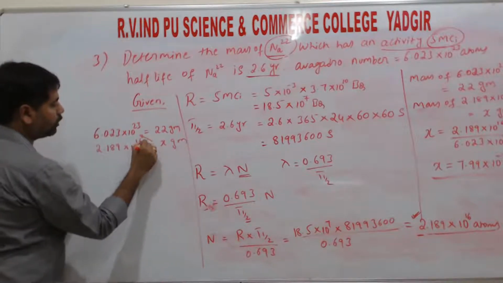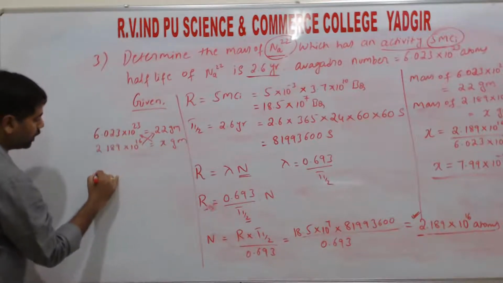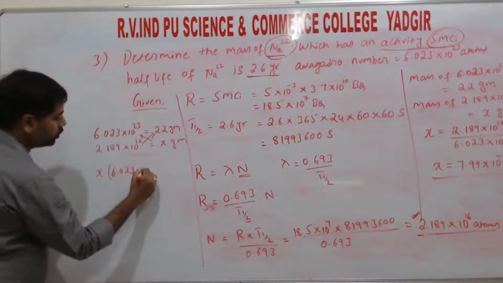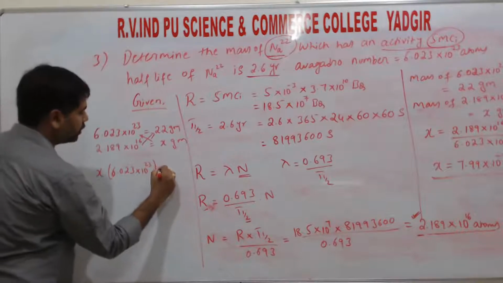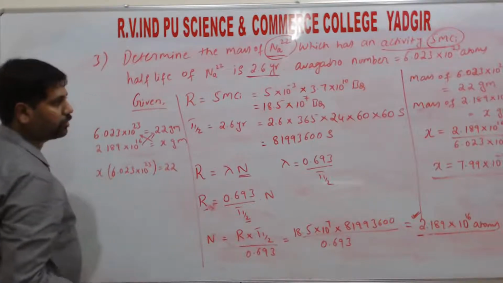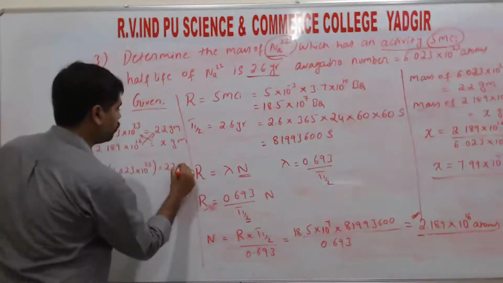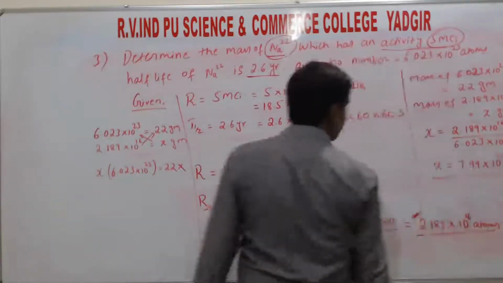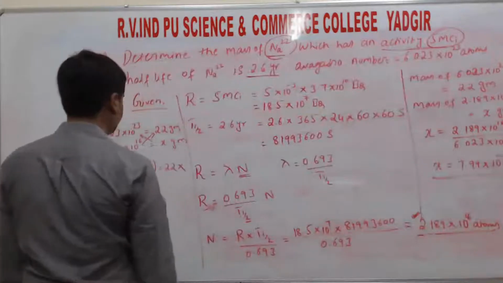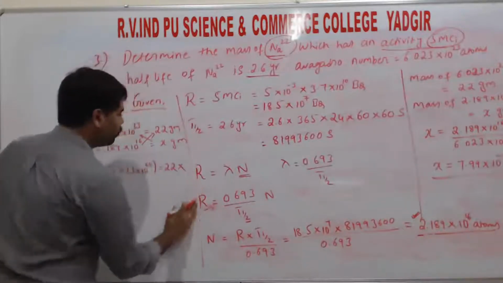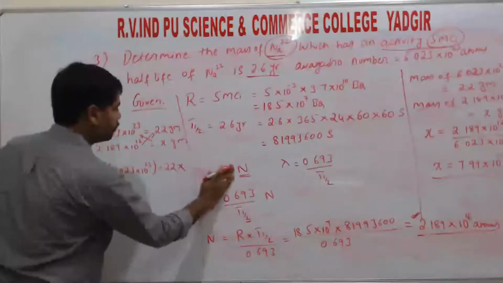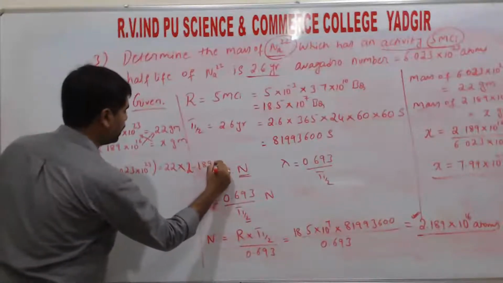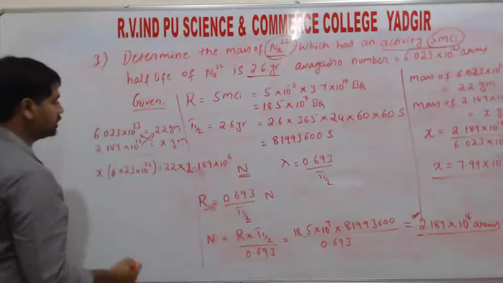So if we cross multiply these two, so x into 6.023 into 10 to the power of 23, that is equals to 22 into 2.189 into 10 to the power of 16, right?